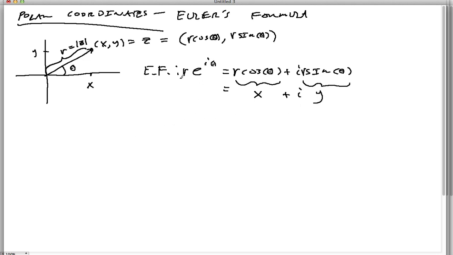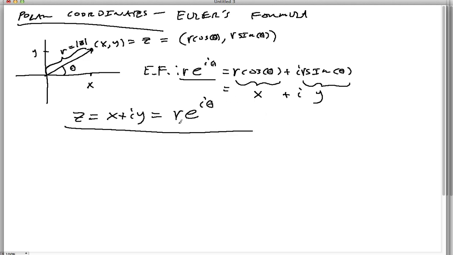Okay, so now we have a really compact way. So now z, we can represent it as x plus iy in the standard xy coordinate system, or we could also write it in polar coordinates as r e to the i theta. Okay, great. So now we have a really compact way of writing our function.